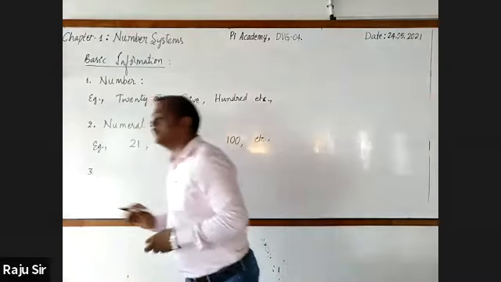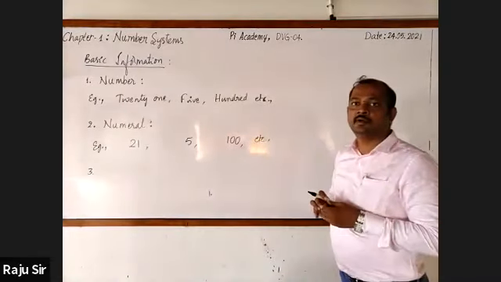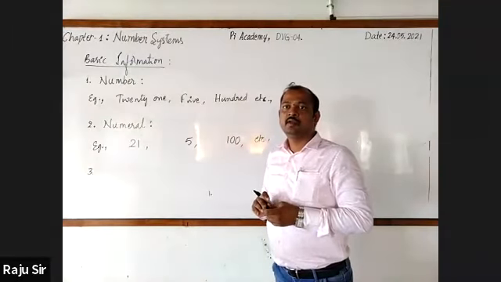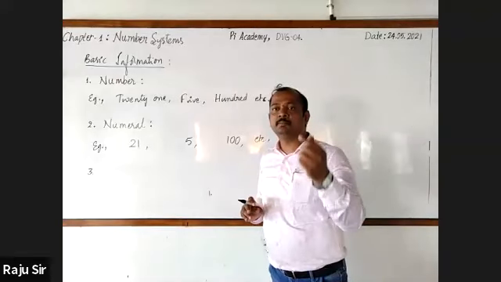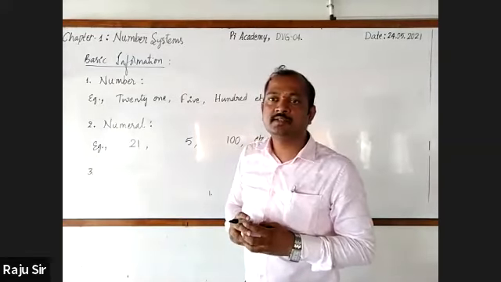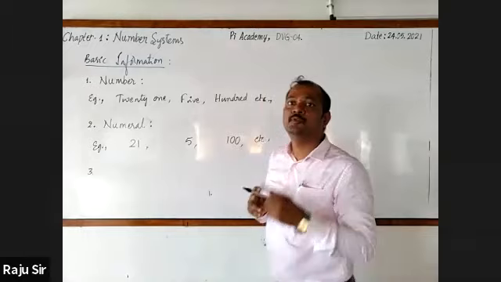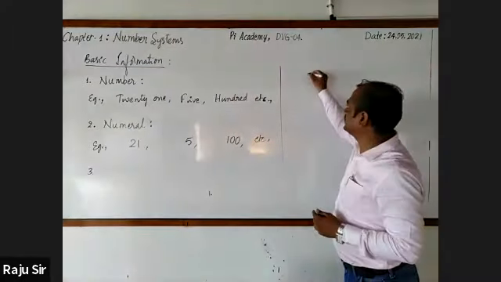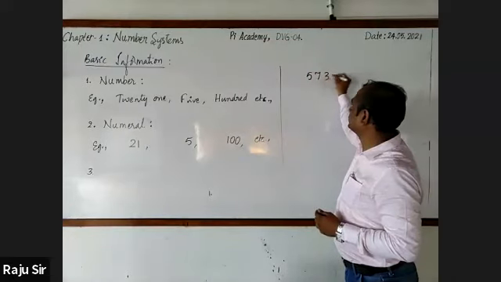Third one, very important thing. You may stop writing. Just look at them. Let me take a number called 573. And its numerical form is like this.